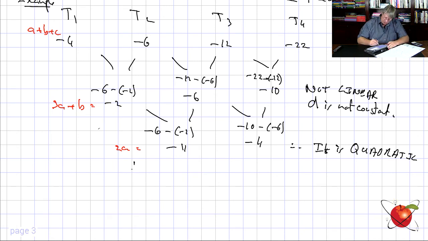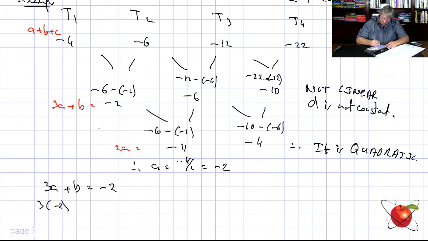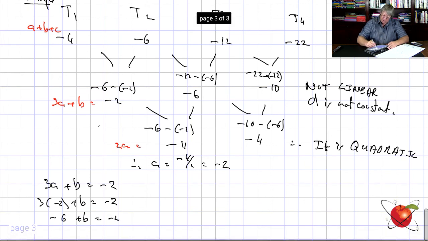Let's look. 2a equals that. Therefore, a equals minus 4 over 2, which is minus 2. Going up, 3a plus b equals minus 2. Therefore, 3 times minus 2 plus b equals minus 2. Therefore, that's minus 6 plus b equals minus 2.